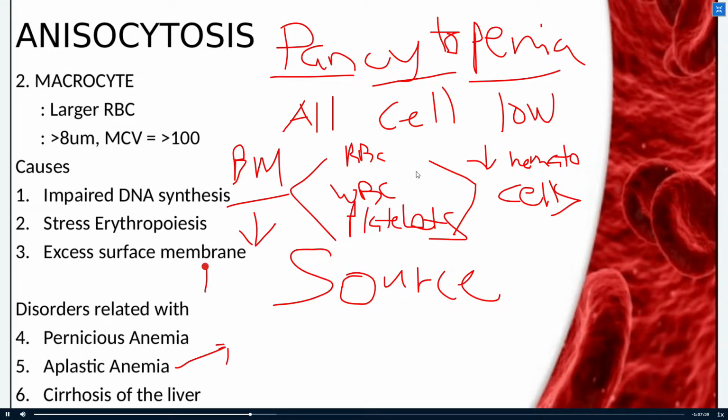Your bone marrow is damaged or malfunctioning.